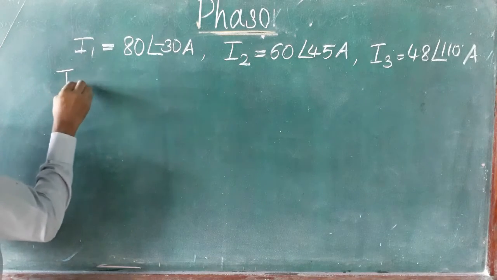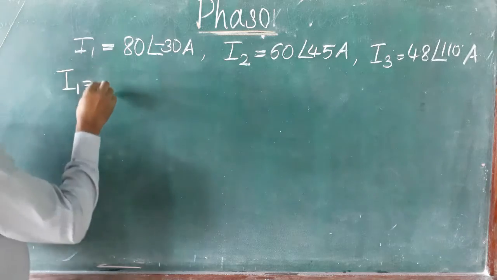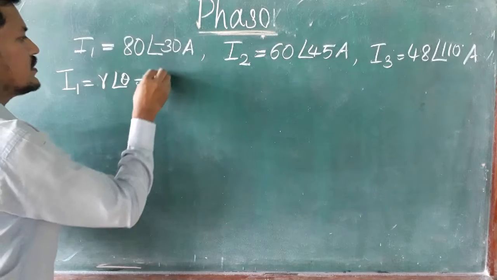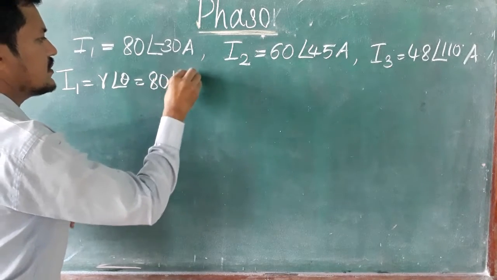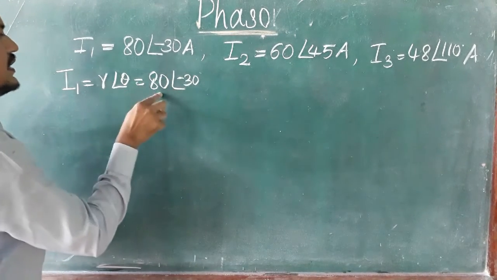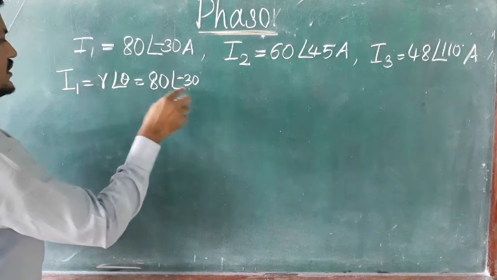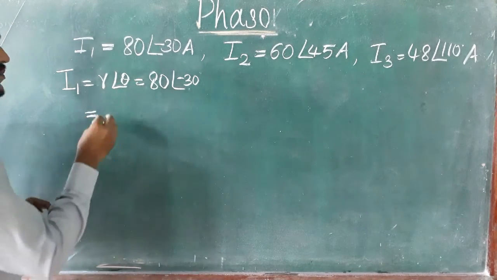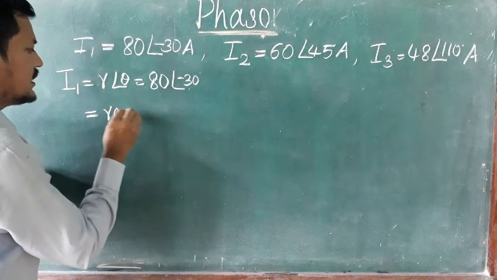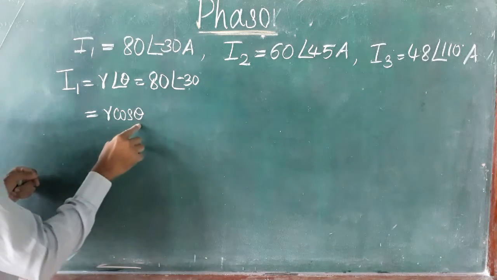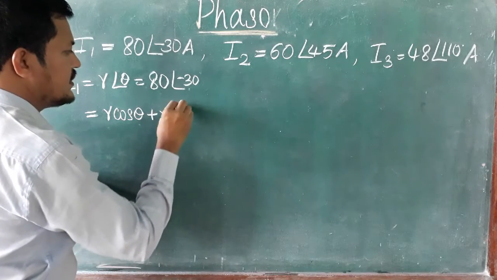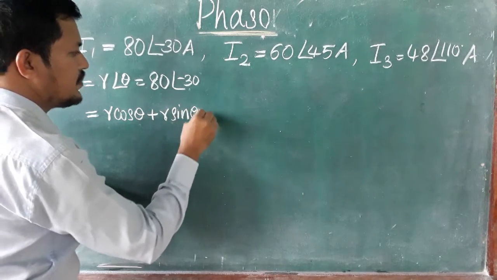So I am writing I1 equal to, polar form R at an angle theta. So it is 80 at an angle of minus 30 degrees. R is 80 here, theta is minus 30. We know that the conversion of polar to rectangular form is R cos theta as the real part plus R sin theta as the imaginary part.